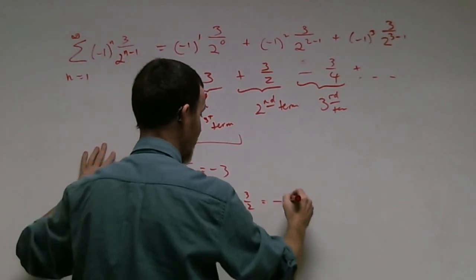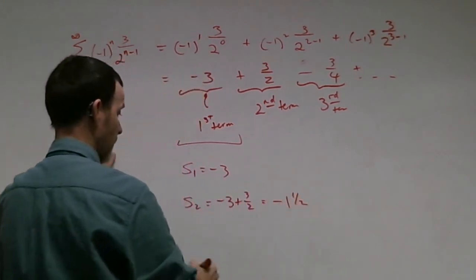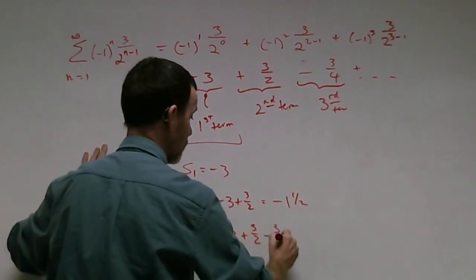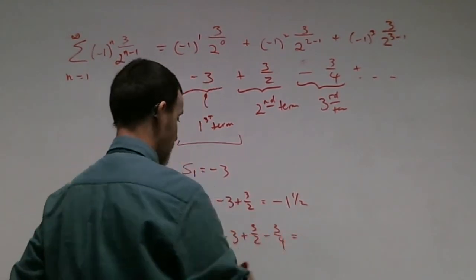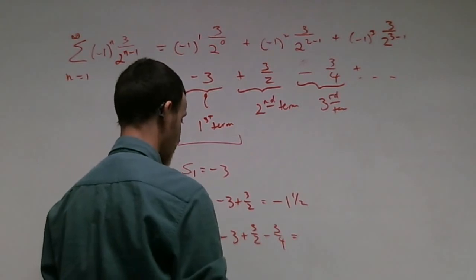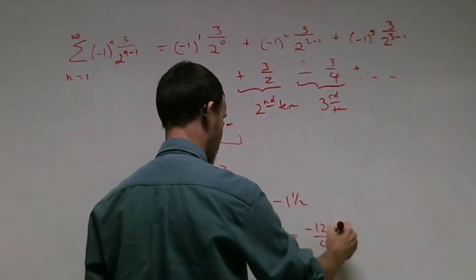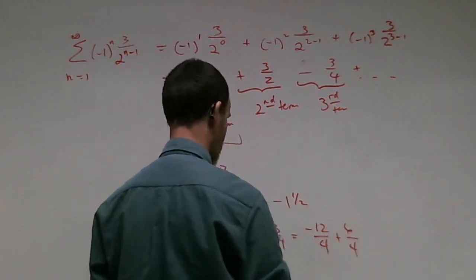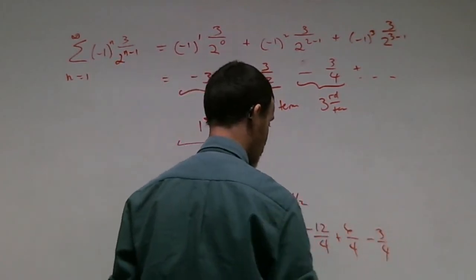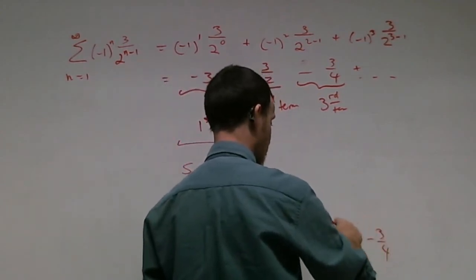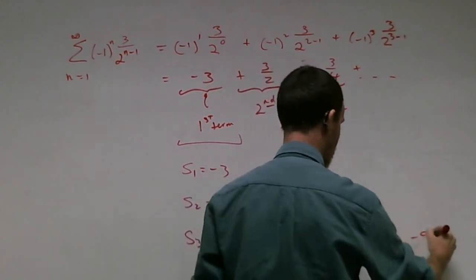So that's -1.5, -3 halves. S3 is -3 plus 3 halves minus 3/4. So me being the multiplying whiz I am, -12/4 plus 6/4 minus 3/4. That's -12, -15, -9/4.